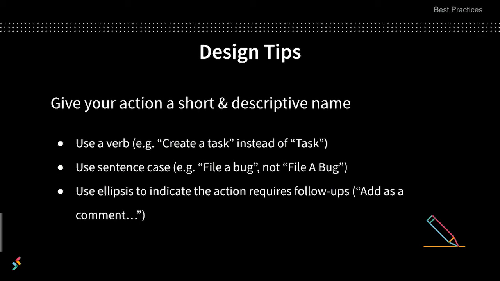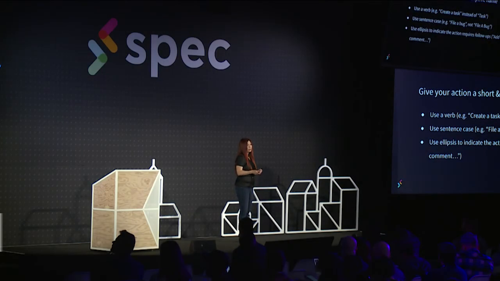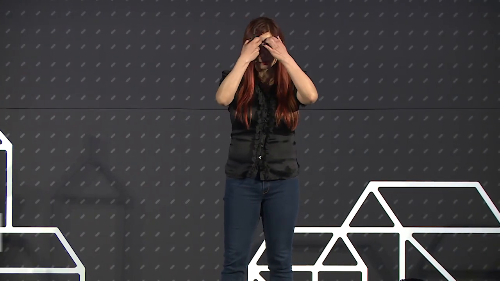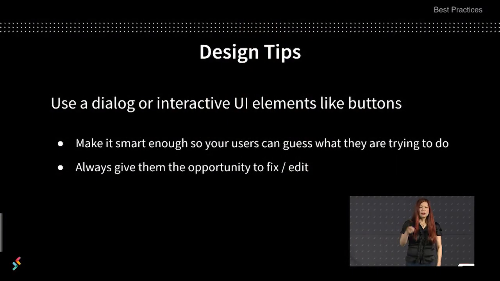And you might want to use an ellipsis. That indicates maybe some more actions going on. Add as comment, dot, dot, dot, then the user expects there's more stuff going on. And then use a dialogue. That's something I just used as an example in Cliplt. I use a dialogue or interactive UI elements like buttons, menus, and other elements.